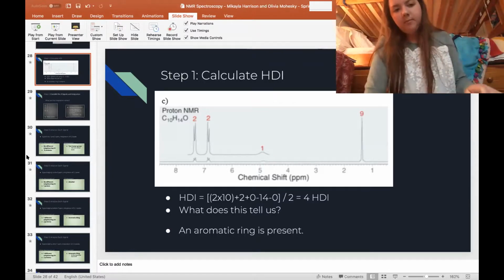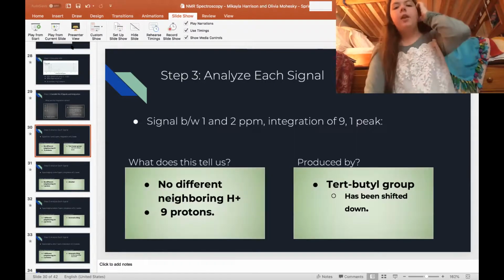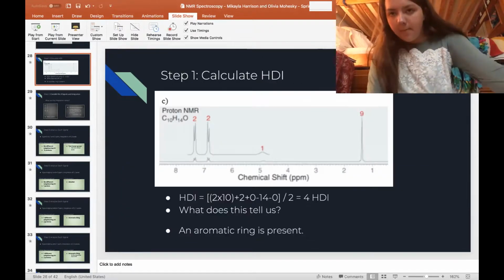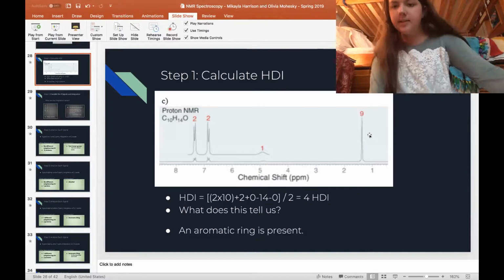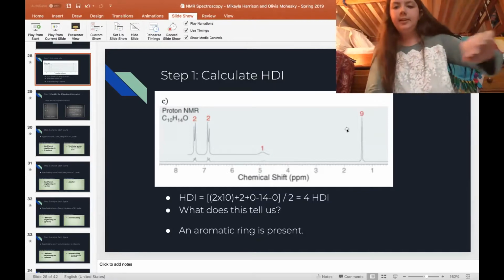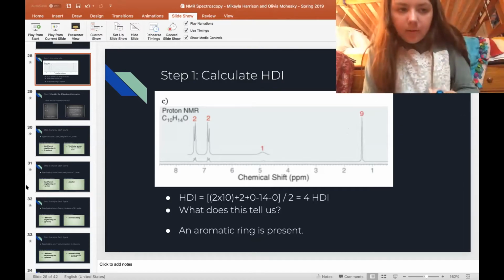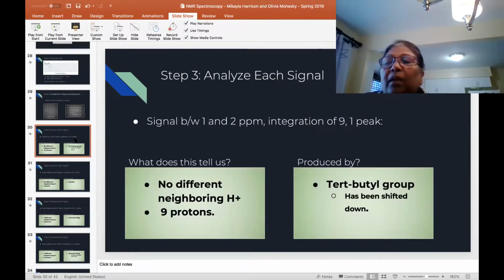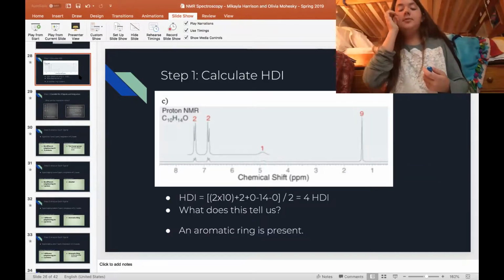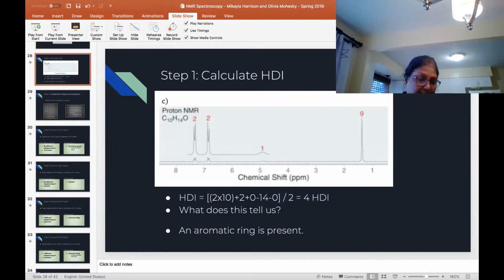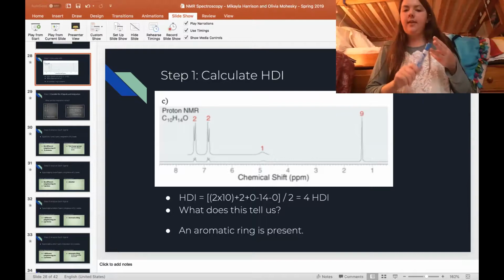First we're going to do the signal between 1 and 2. That's this one right there. It has 9 hydrogens, and is that a singlet? Yes, so this is a singlet, and this is one of the ones that Dr. Mary and Hutch were talking about earlier: the isopropyl, the tert-butyl, and then the third one.